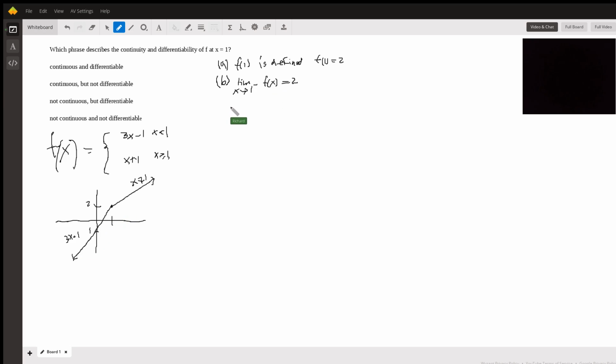And then the last part we have to show is the right-hand limit. Oh, sorry. This part is supposed to be the two-sided limit. Excuse me.